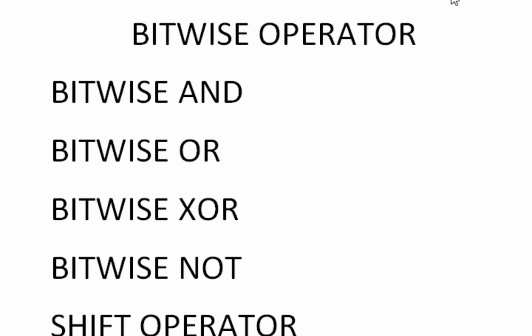Now we will see an example. Same example, A is equal to 5 and B is equal to 5, and perform the bitwise XOR operation, with the symbol between A and B. Now we convert 5 and 5 into bits.